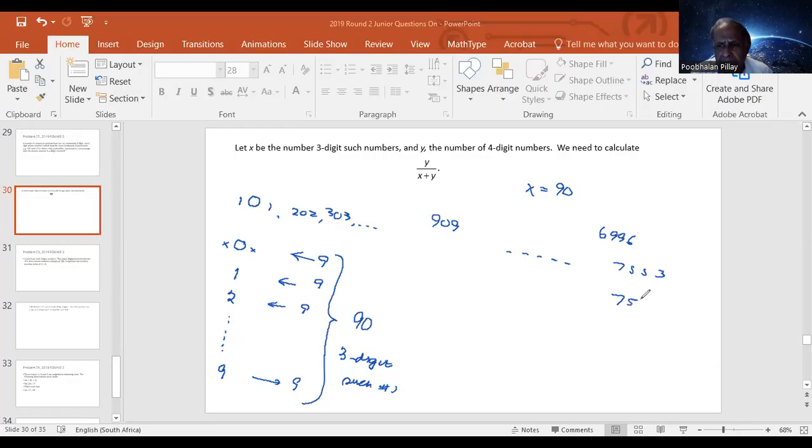You can't have 7, 5, 4, 3. These two numbers have to be the same. If you read it backwards, the second number must be the same as the third number. So the two middle numbers are the same for the palindromic 4-digit numbers.